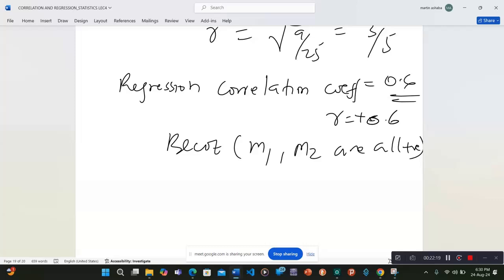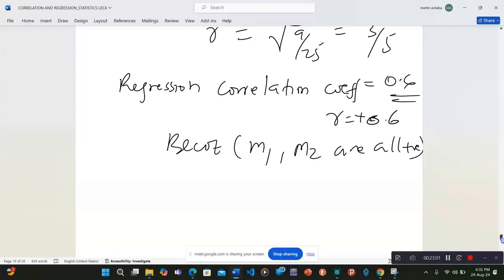But generally, once you finish doing that, you have to conclude that your r is equal to negative 0.6, because m1 and m2 each were negative. So that you say you have a negative correlation coefficient that is substantial, or you have a low or a very strong positive or negative correlation coefficient.